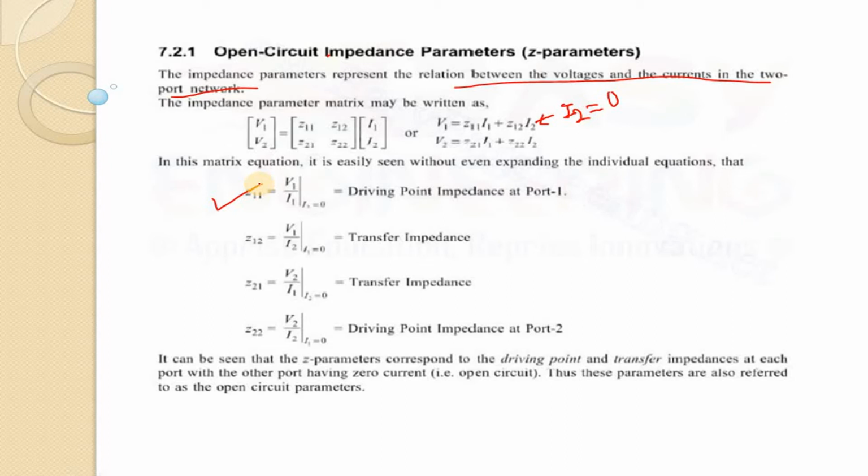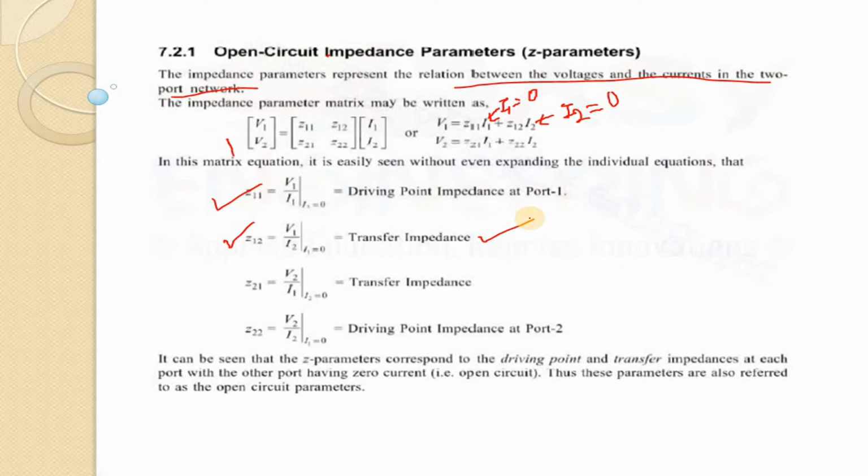Similarly, if we want to calculate Z12, we take I1 equals 0, and then Z12 equals V1 by I2 when I1 equals 0, and that is known as the transfer impedance.